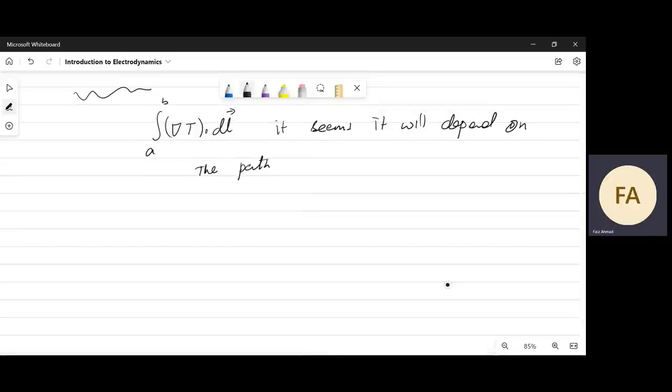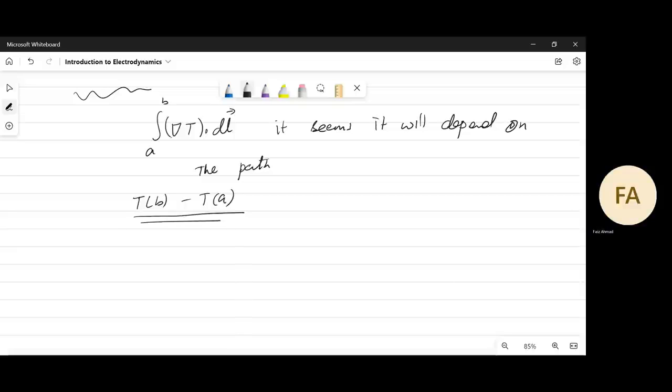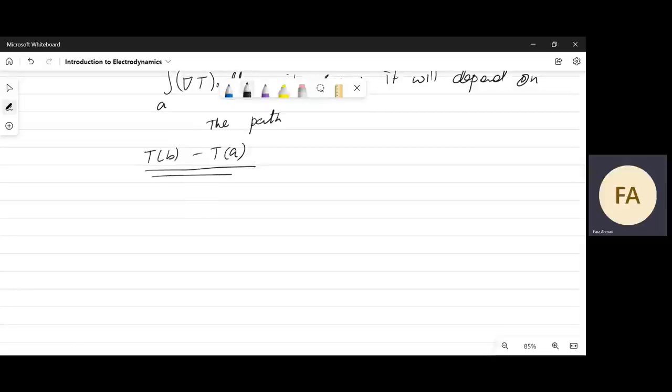But if we see the right side, it does not depend on the path of the integration. It only depends on the initial and final value of the function.